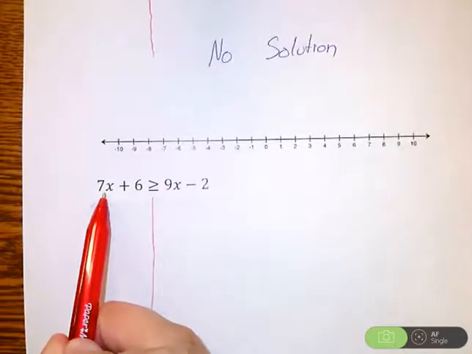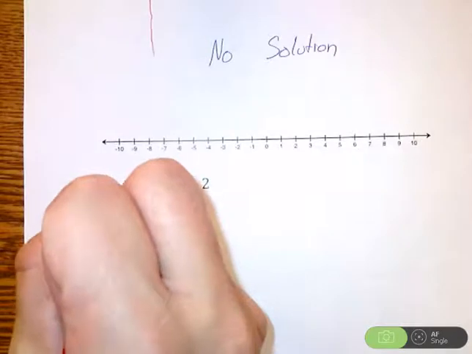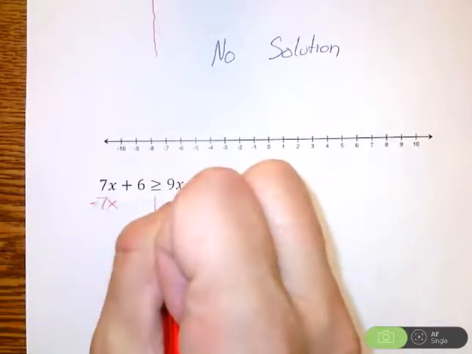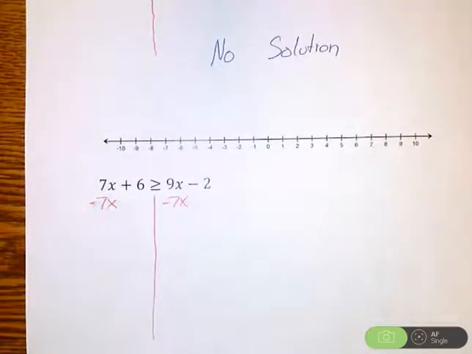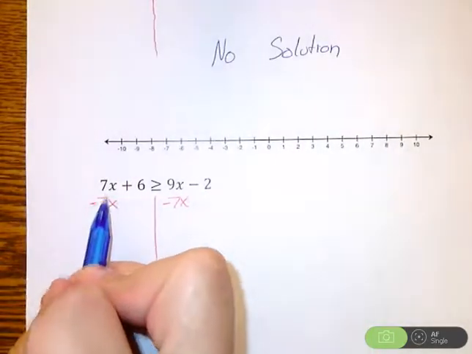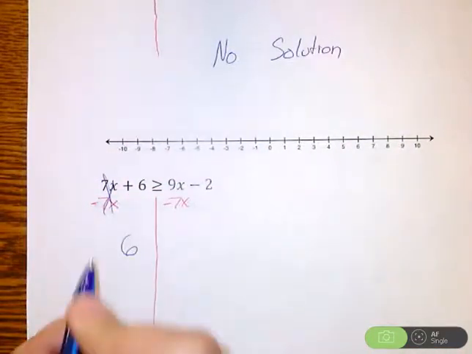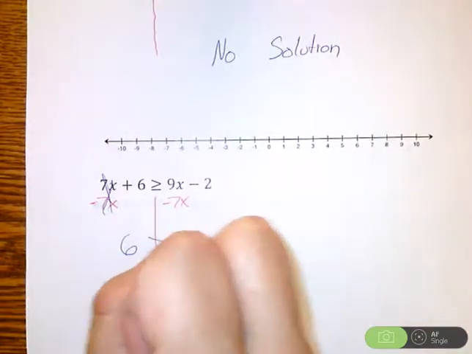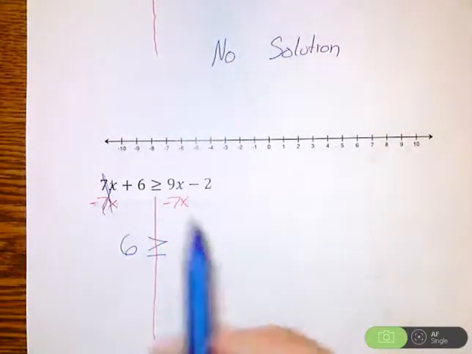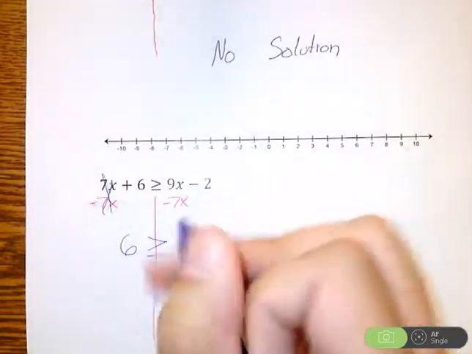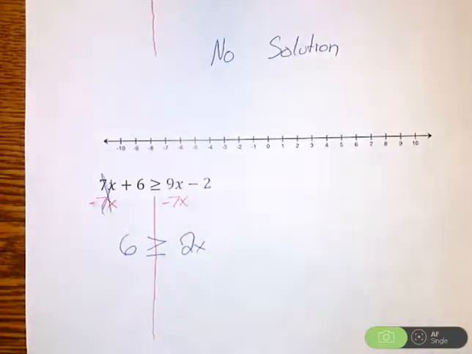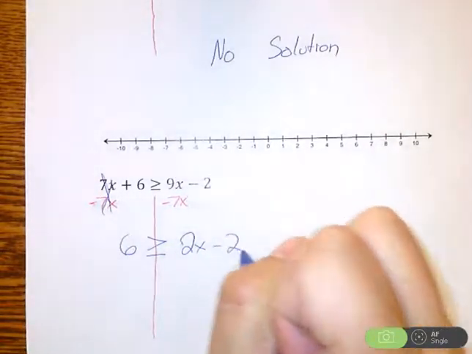So I'm going to move this 7x to the right side by subtracting 7x from both sides. 7x minus 7x is gone, so we get 6. Since I'm subtracting, that is not going to flip my inequality. On the right side, I have 9x minus 7x, which is 2x, and I still have a minus 2.